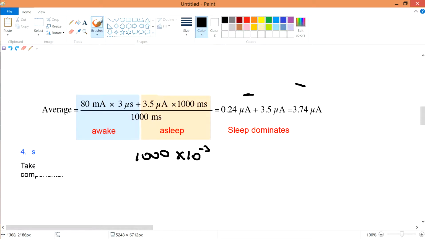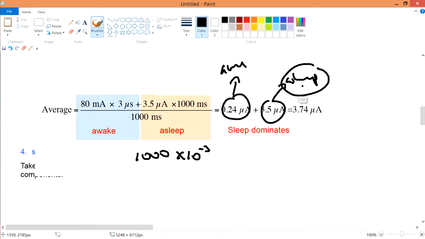So over here this is sleep dominant. Why is it sleep dominant? Because the amount of current you take in when you sleep is larger than the amount of current you take in when you are taking in information. This is the point where you're awake, this is the point where you're asleep.